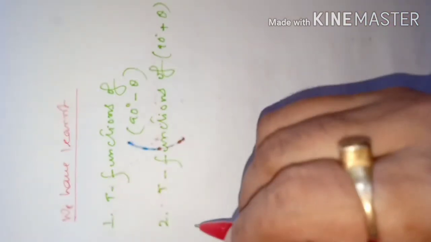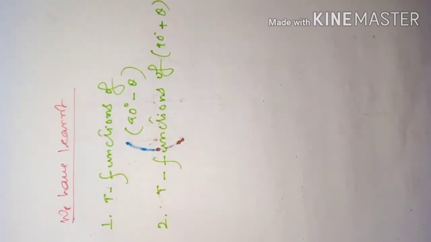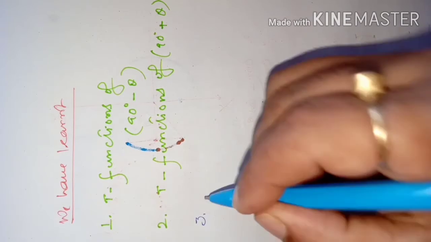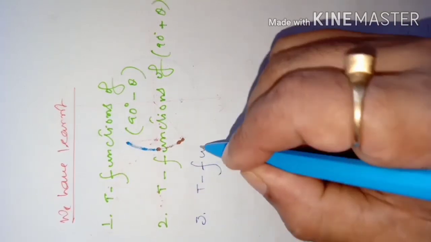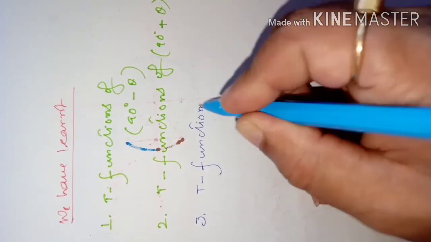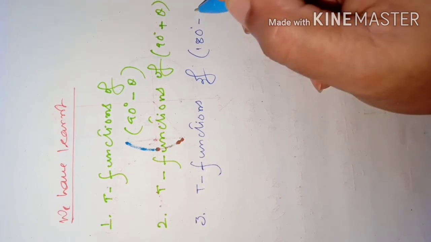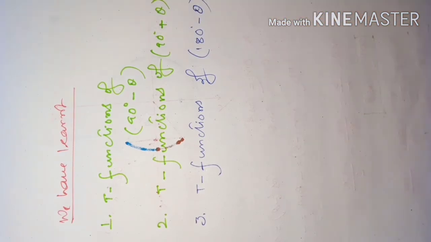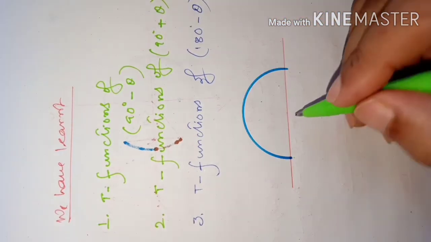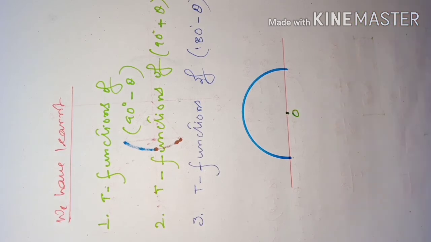Now the third point that you will be learning now is t functions of 180 minus theta. For this, let us see. So dear students, think like this. This is, suppose, the center of the unit circle, and it is a semicircle only.